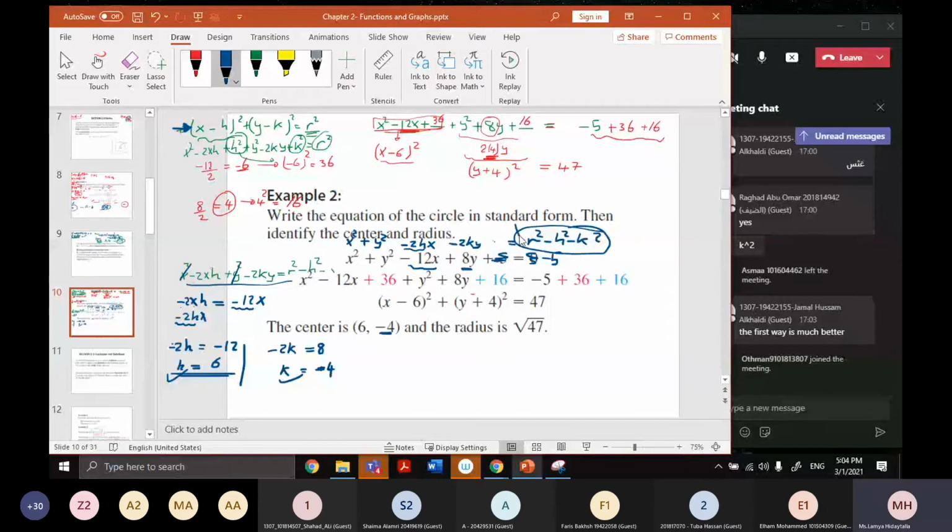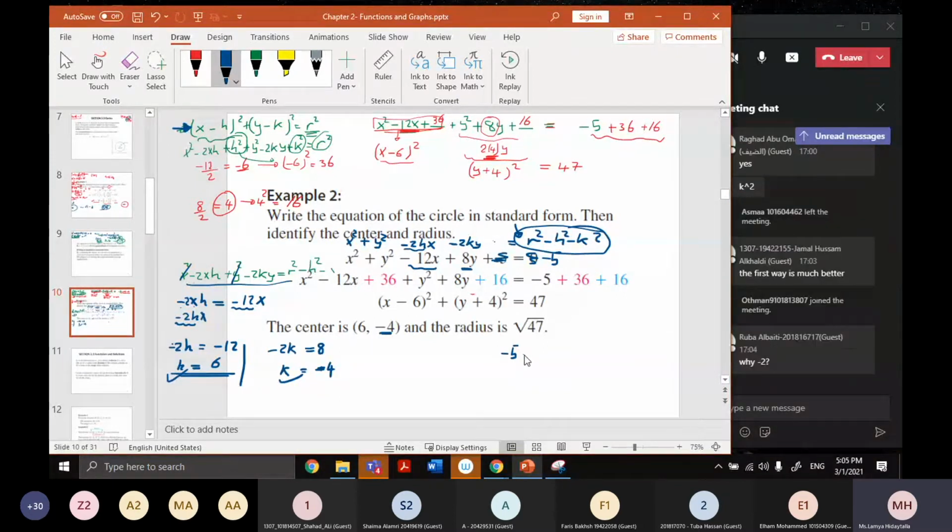Okay, I want to find the r square. Yes, so minus 5 is equal to r square minus h square, 6 square which is 36, correct? And then minus, what is the k square? 4 squared is 16. So you do the calculation, make r the subject and find the r. But it's a long way.